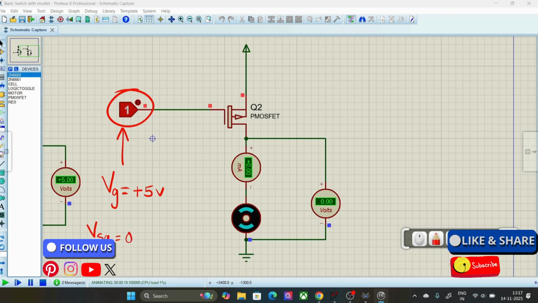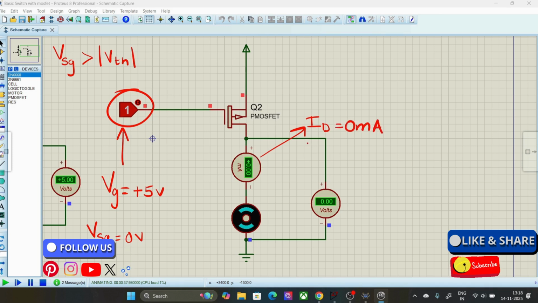VSG is 0, and what we want is that VSG should be greater than mod of VTH, which is 0.4 volts, and your VSG is 0, so it is not greater than that. That means your MOSFET will be in off condition, and ID is 0 milliampere. This is what we saw.